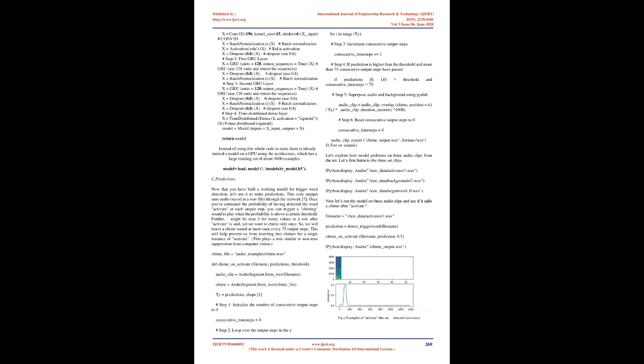X = GRU(units=128, return_sequences=True)(X) # GRU (use 128 units and return the sequences). X = Dropout(0.8)(X) # dropout (use 0.8). X = BatchNormalization()(X) # Batch normalization. X = Dropout(0.8)(X) # dropout (use 0.8).